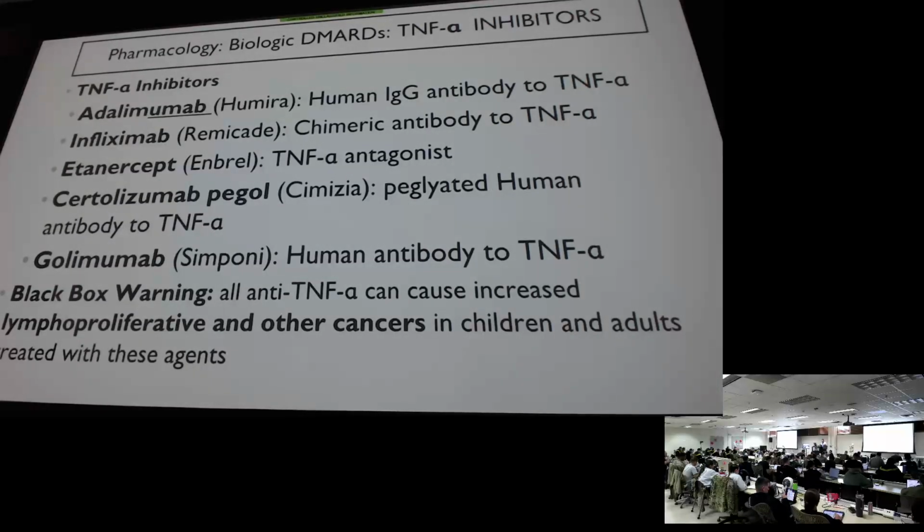So the biologics, TNF-alpha inhibitors. TNF-alpha basically is just a pro-inflammatory cytokine. So you're going to inhibit that. These drugs are going to block that pro-inflammatory cytokine, TNF alpha, thus it's a TNF alpha inhibitor. So very effective. You've probably heard of some of these medications.